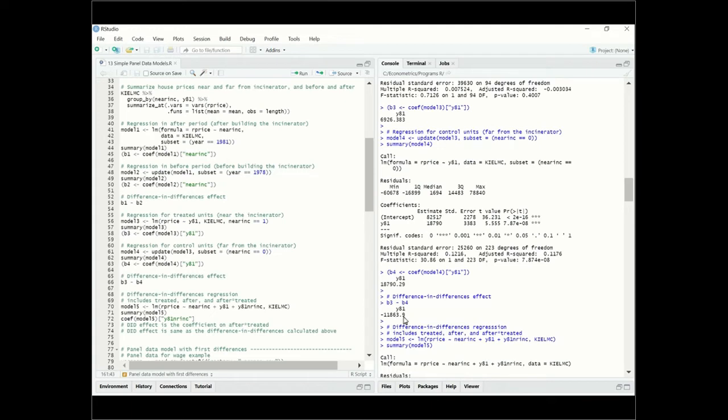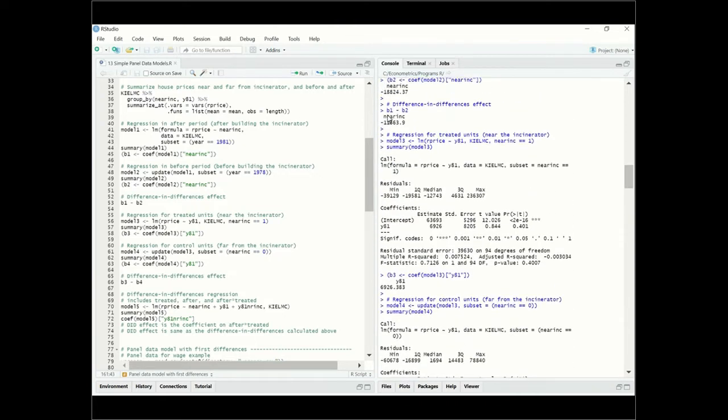So notice that this number here, the difference in coefficients, is exactly the same number as the difference in coefficients right here. So again, the difference here is that we have a regression in the before period and in the after period, and then we pick up the coefficient on near the incinerator and we subtract these.